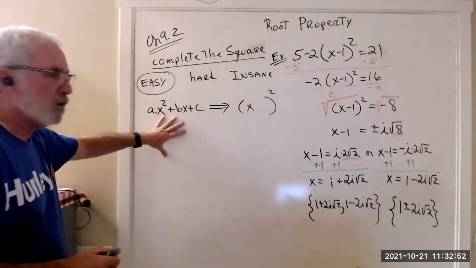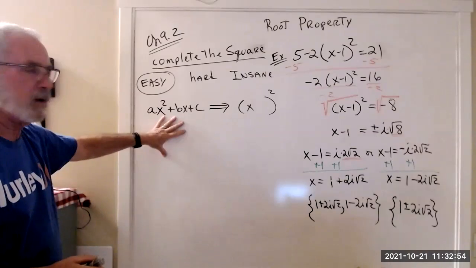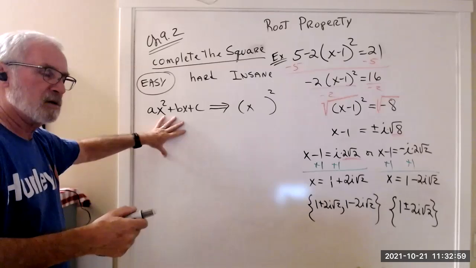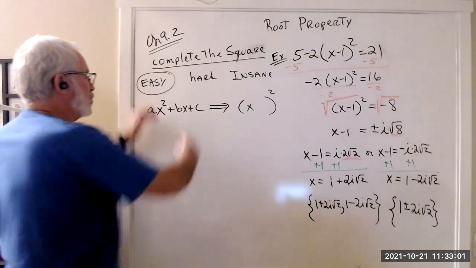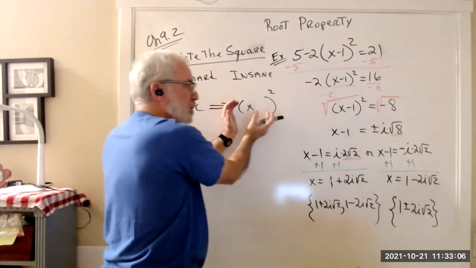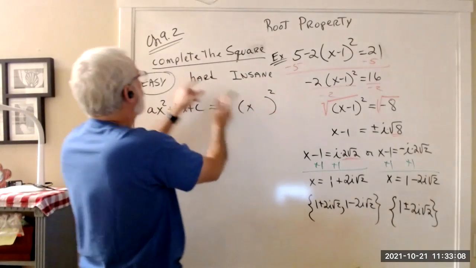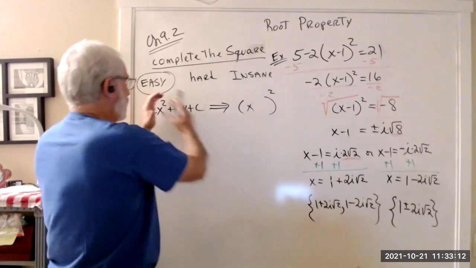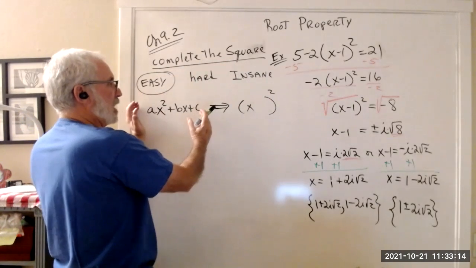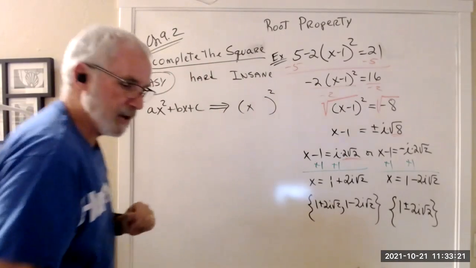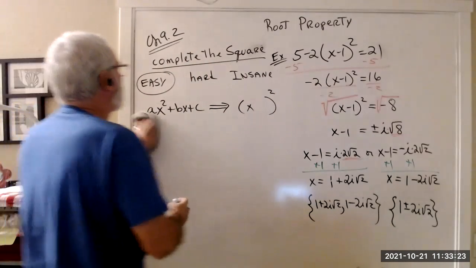I'm going to give you an equation and show you the method that's going to allow you to turn it into a quantity squared. That's where the phrase complete the square comes from. Okay, so here I go.